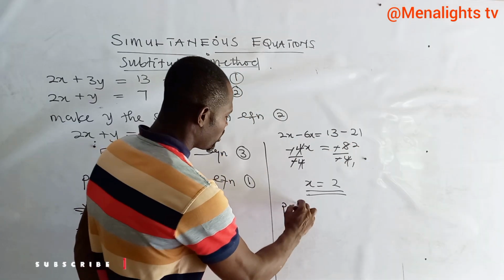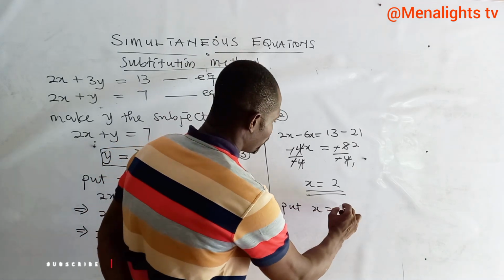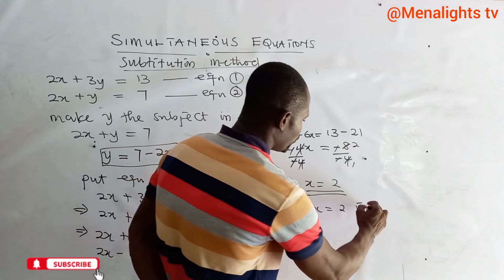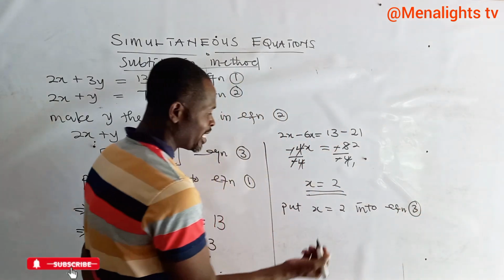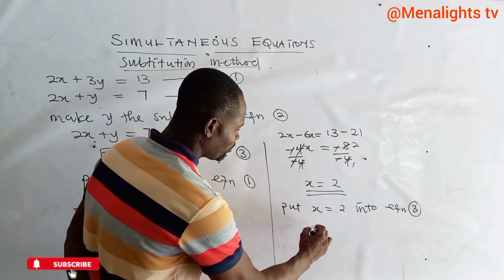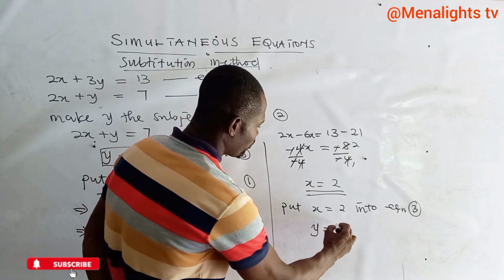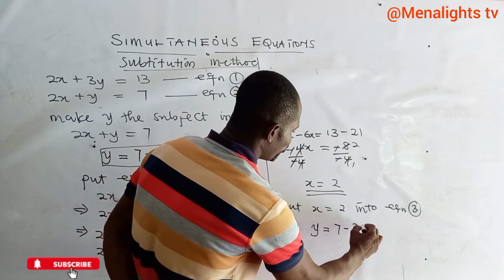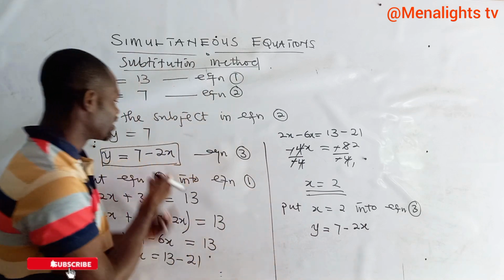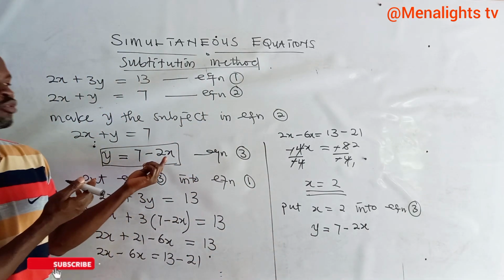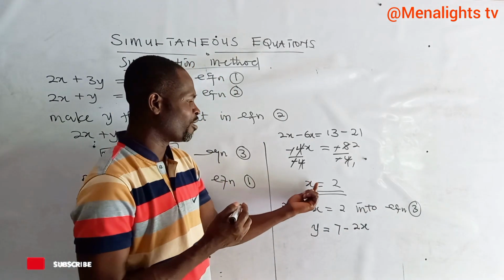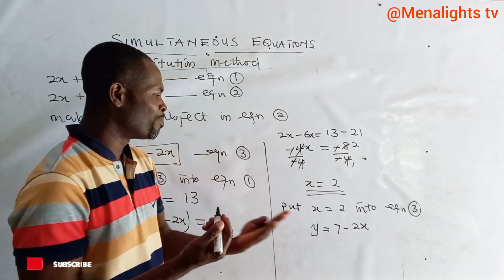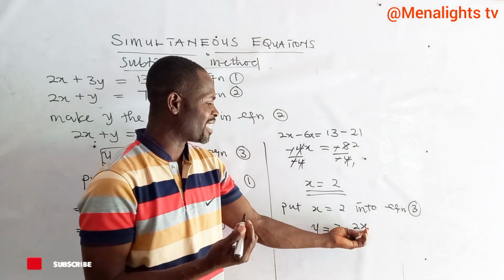I'm going to put x is equal to 2 into equation 3. So in equation 3, we have y, which is equal to 7 minus 2x. As you can see here, 7 minus 2x. So that is the equation 3 for us. Now we have the value of x, which is what? 2. So in place of the x here, we are going to put what?